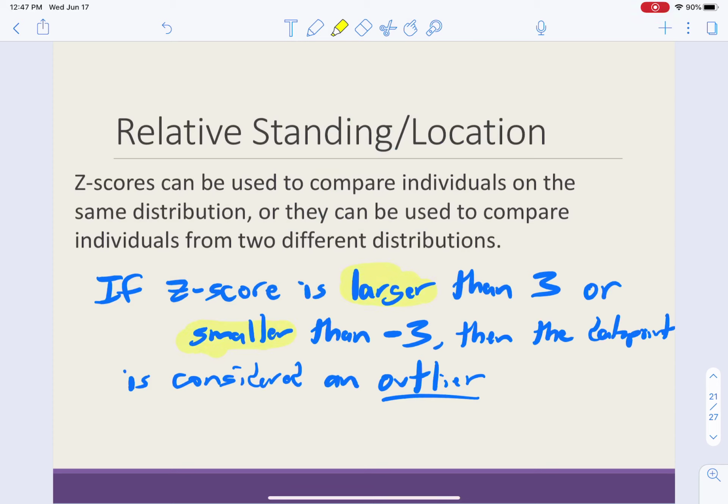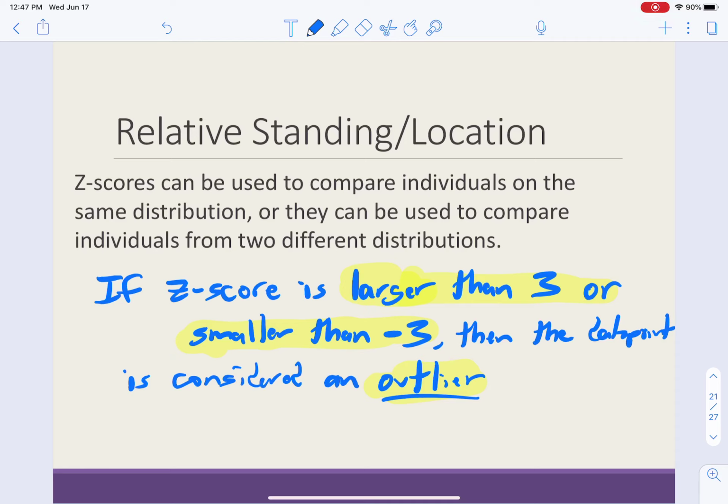So what this is saying is that if we get a z-score from some data point, and that z-score is bigger than 3 standard deviations away from the mean, or smaller than 3 standard deviations away from the mean. I just sort of said the same thing, but I meant to say 2 different things.